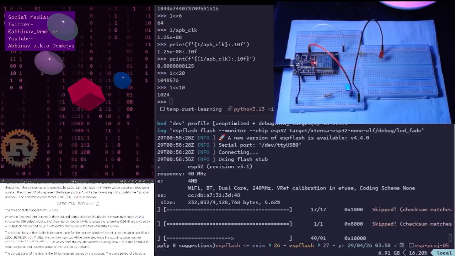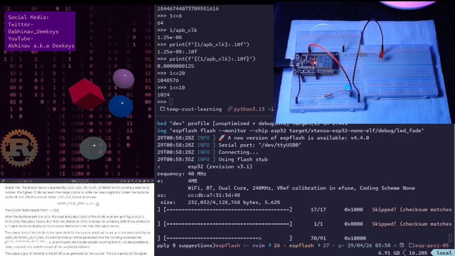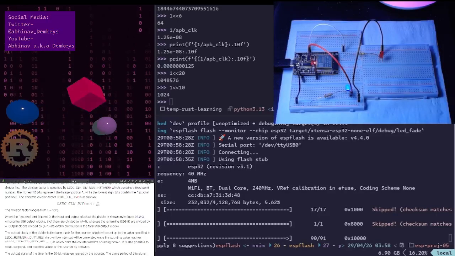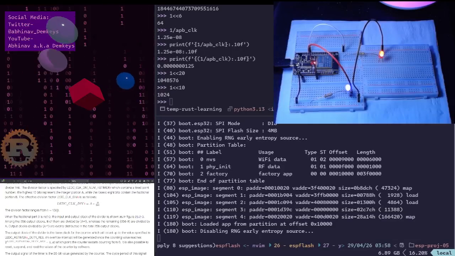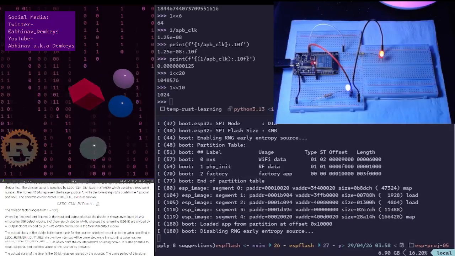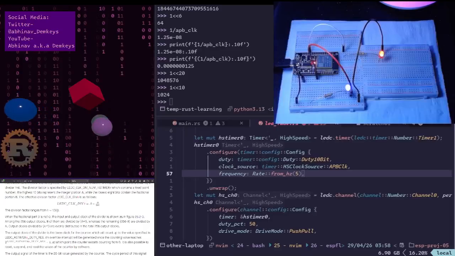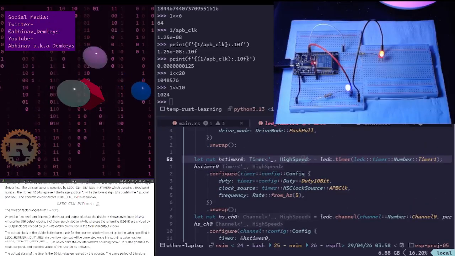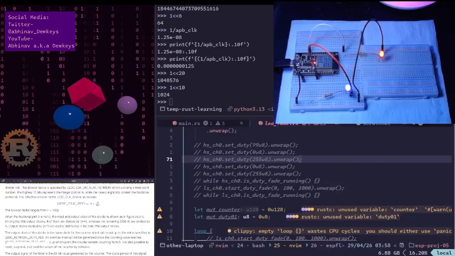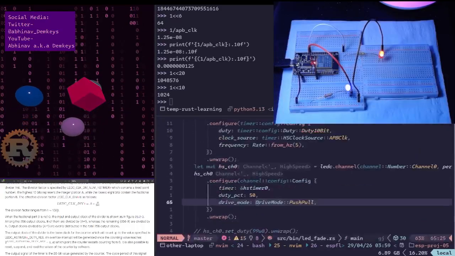I'll fix it once we test it. That's weird. It is on, but it's not blinking.